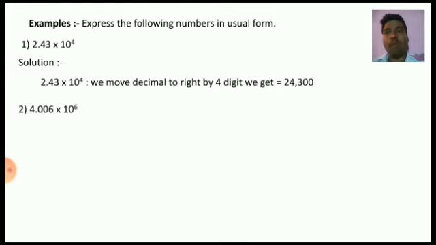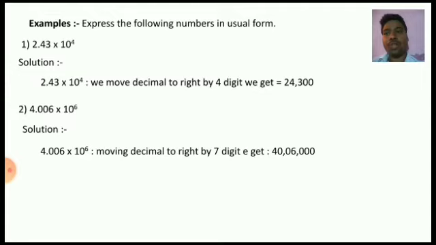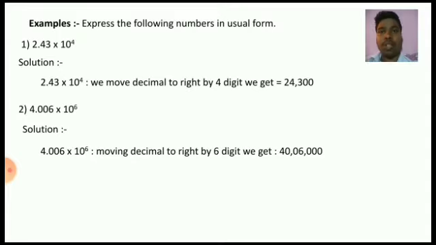The next example is 4.006 into 10 raised to 6. Now we have to express this number into usual form. Solution: 4.006 into 10 raised to 6 is our number. In this given number, 10 raised to 6 is multiplied to 4.006, so we have to move the decimal point to the right by 6 digits.